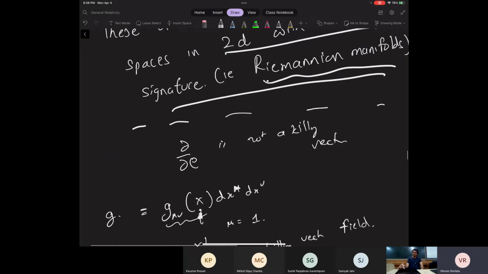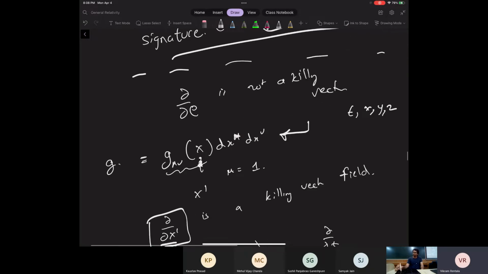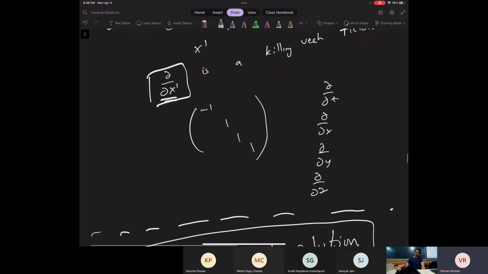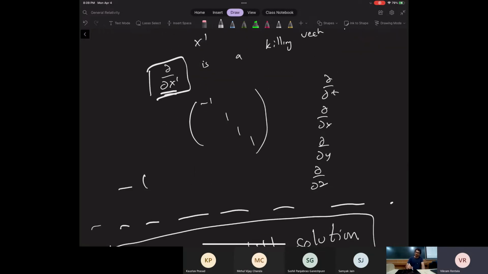What happens is, if I'm in t, x, y, z, I can go to a different coordinate system. For example, if I switch to Rindler coordinates, if you were somehow clever about guessing the coordinate system, in t, x, y, z, I can only figure out using this rule that partial t, partial x, partial y, and partial z are Killing vectors. If I switch coordinates to Rindler coordinates, then my metric is this.